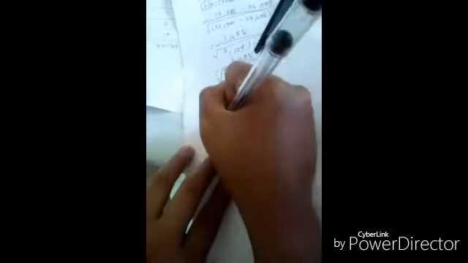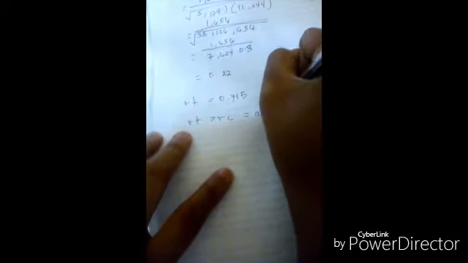So our tabulated value is 0.715. Then the tabulated value is greater than the computed value. So we accept the null hypothesis.